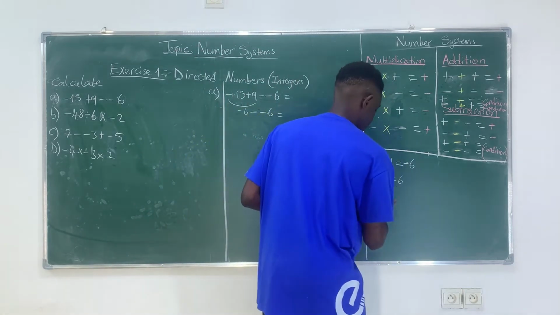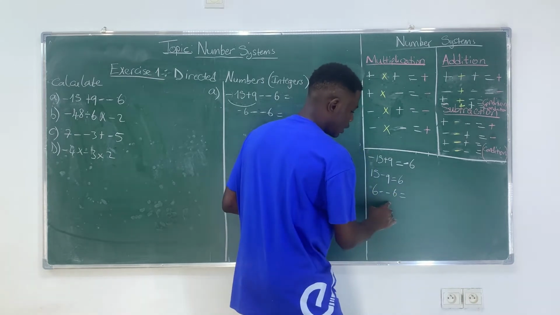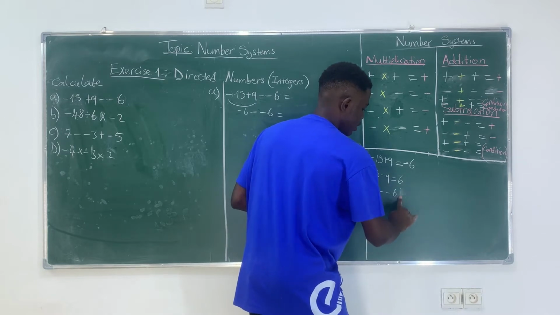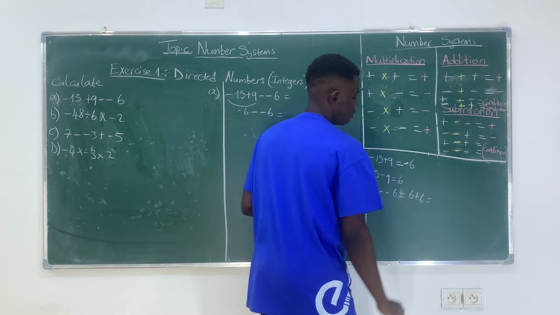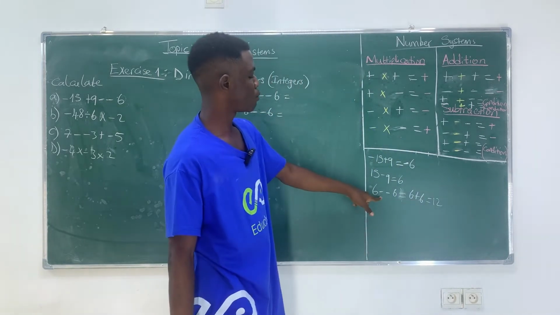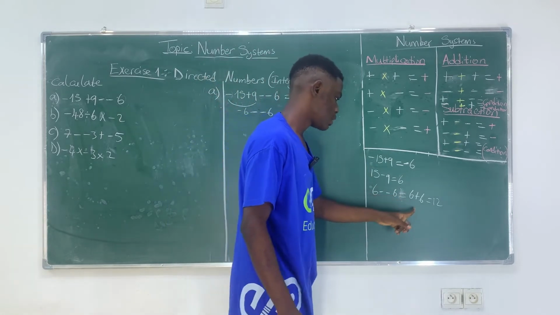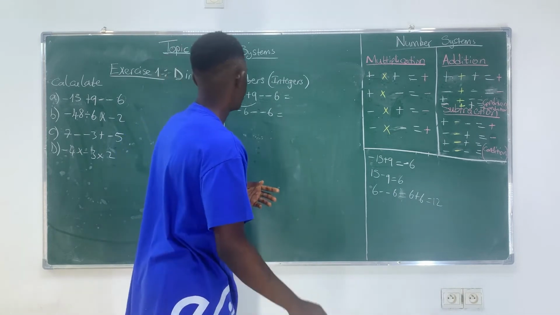So 6 minus minus 6 is the same as 6 plus 6, which is 12.